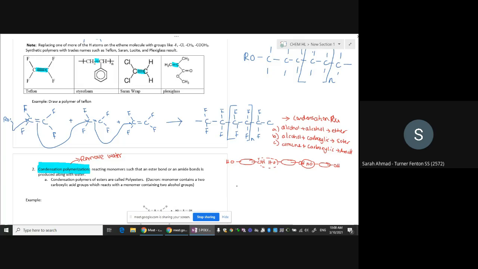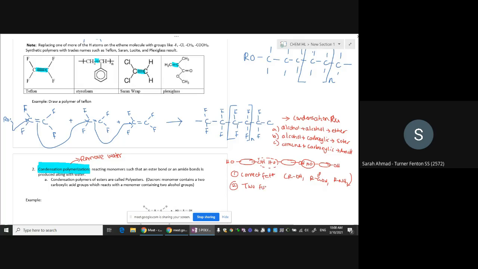Okay, so a couple of takeaways. When you have condensation polymerization, you have to have a monomer that has the correct functional groups, right? So any combination of alcohol, carboxylic acids, or amines will do. The second catch is that it must have two functional groups.